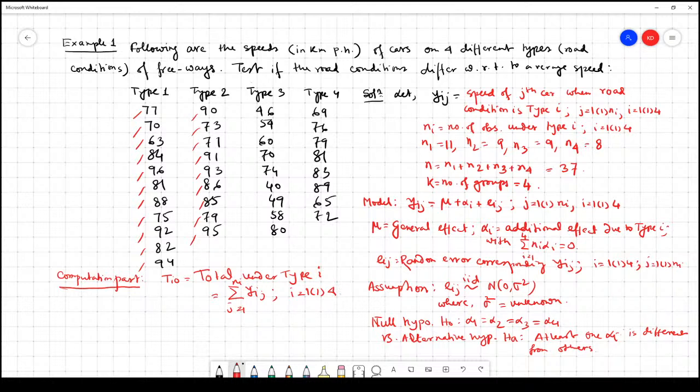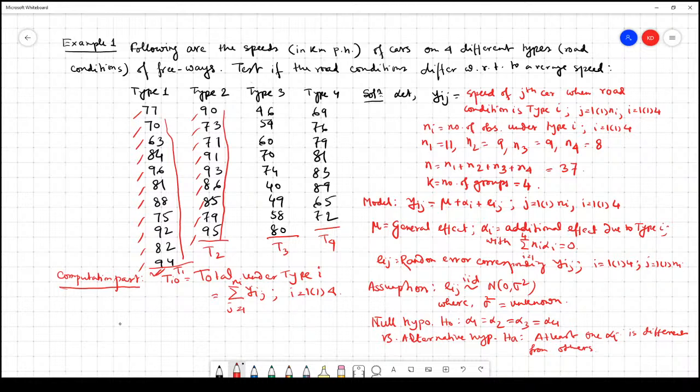So that means just the sum of these gives T1, the sum of these gives T2, the sum of these gives T3, and the sum of these gives T4. Okay, so first you do this part.